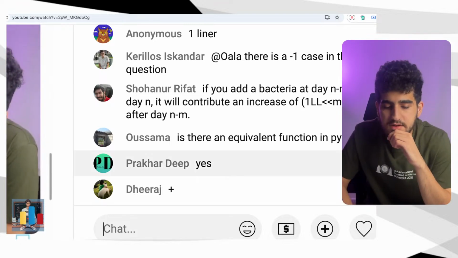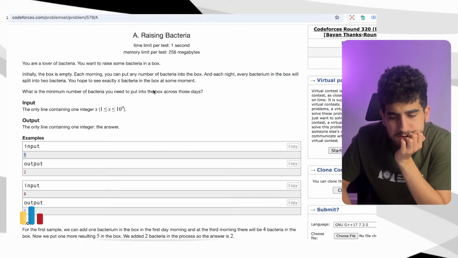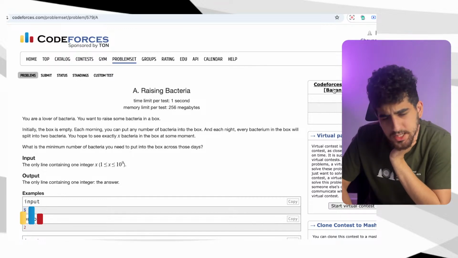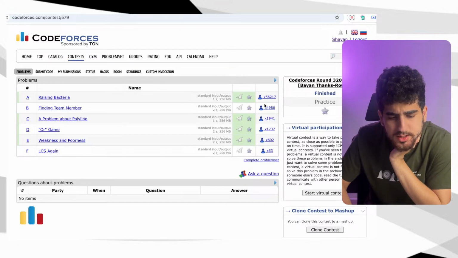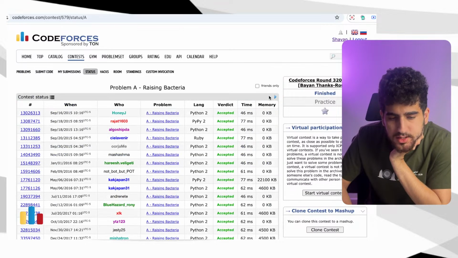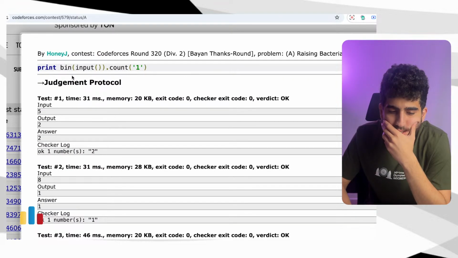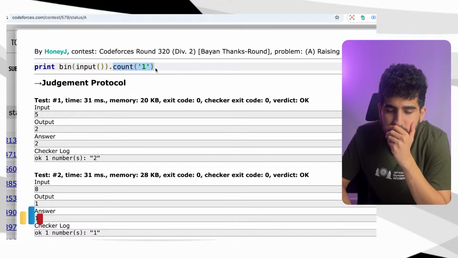Is there an equivalent function in Python? It must be. Let me see a Python code as well. Let's see how they've done it in Python. Yes, it's that count of 1.